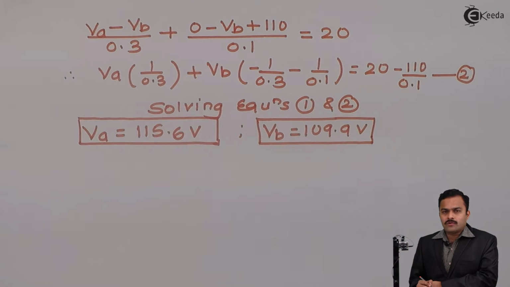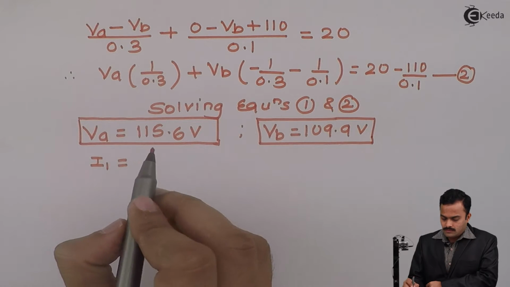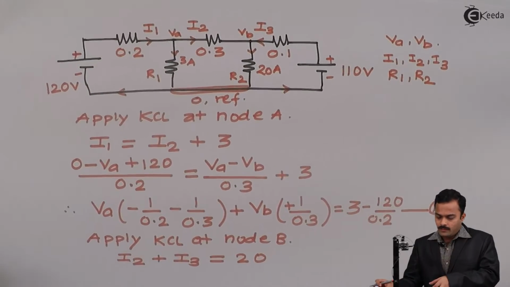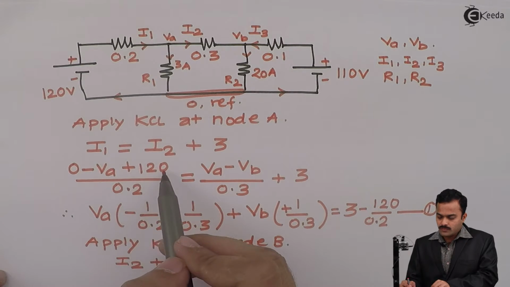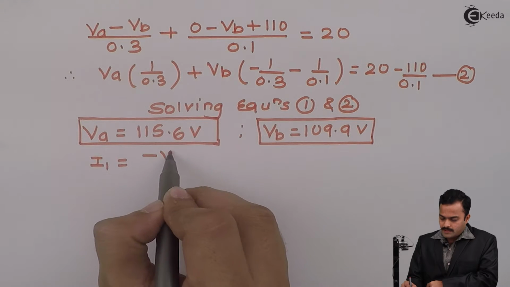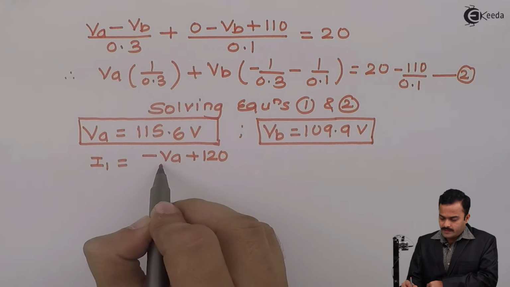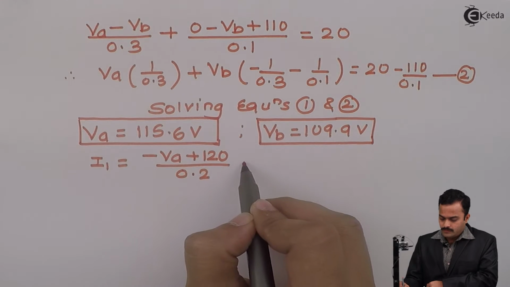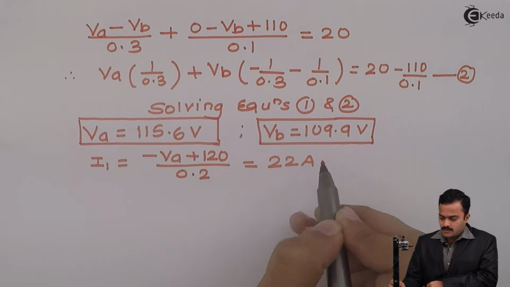By knowing the values of VA and VB, I can get I1. Let's go back to the circuit to check. I1 equal to 0 minus VA plus 120 divided by 0.2, so actually it is minus VA plus 120 divided by 0.2. Answer I will get is 22 ampere.